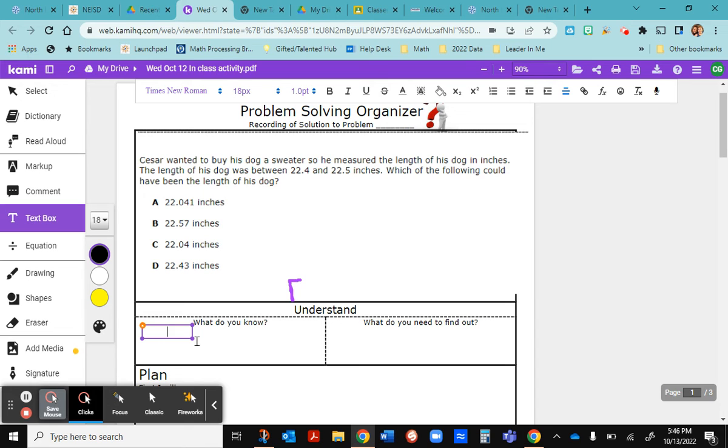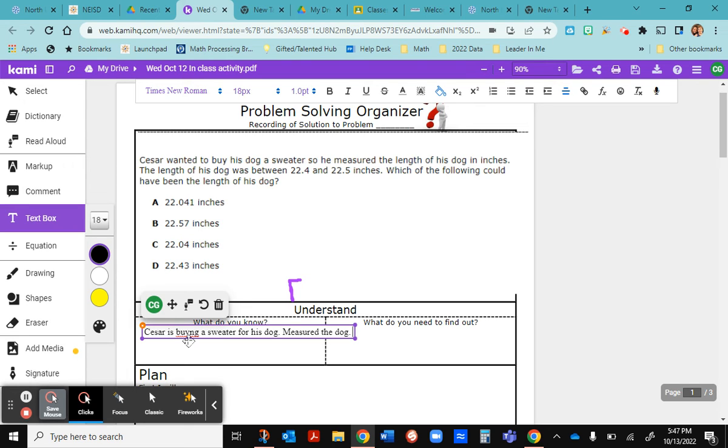All right, so now let's take a look. What do I know? We're going to measure that Caesar is buying a sweater for his dog. We know that he measured the dog, okay? And we know that it's in between.